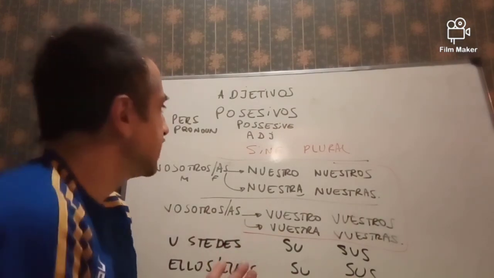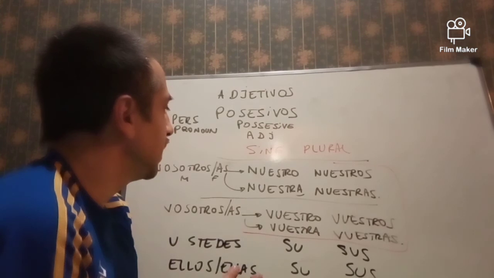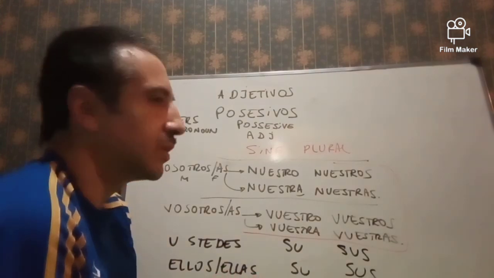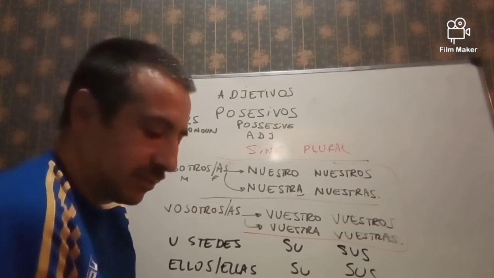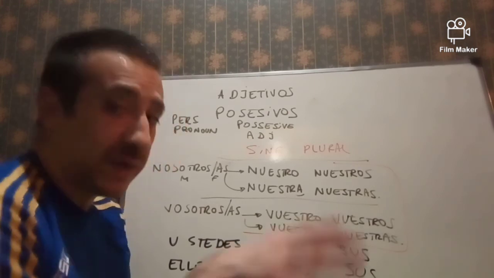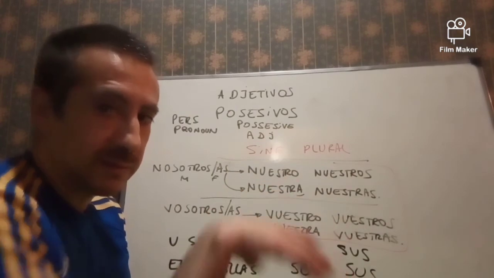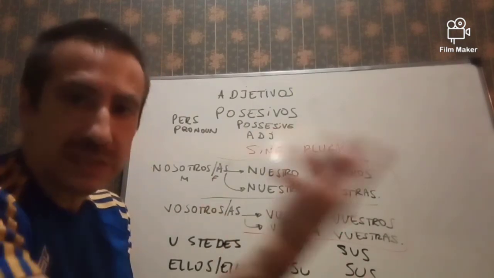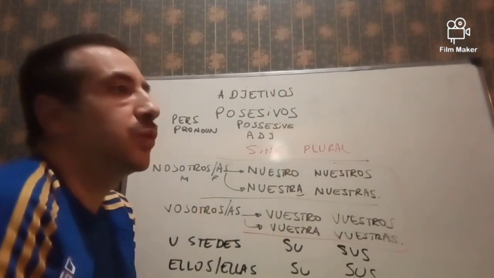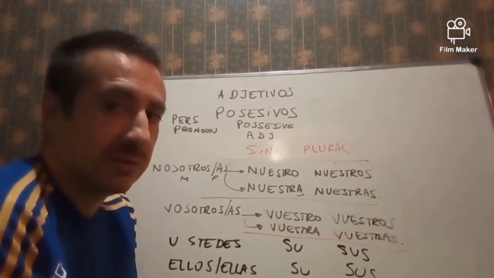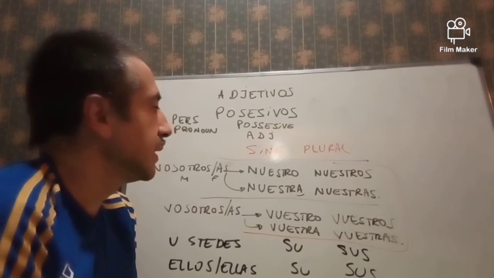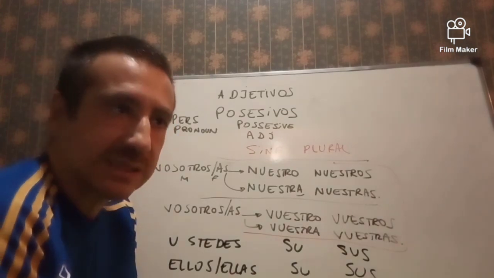Yes, I think it's enough for today because we have seen many things. We've seen greetings embedded in the whole context of meeting a new neighbor. We've seen the verb to live, vivir, its conjugation in the present tense.